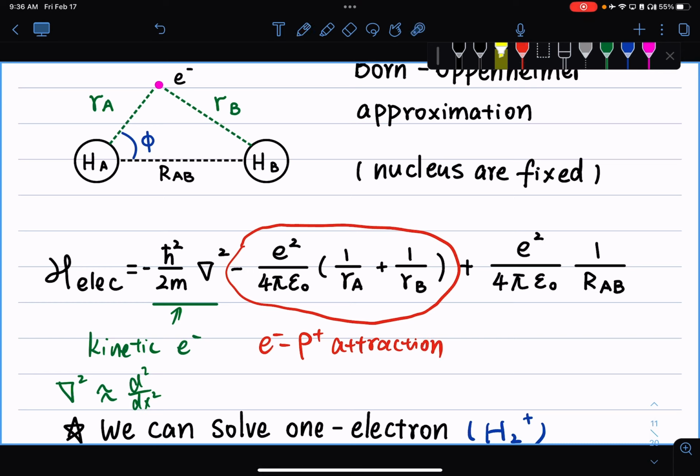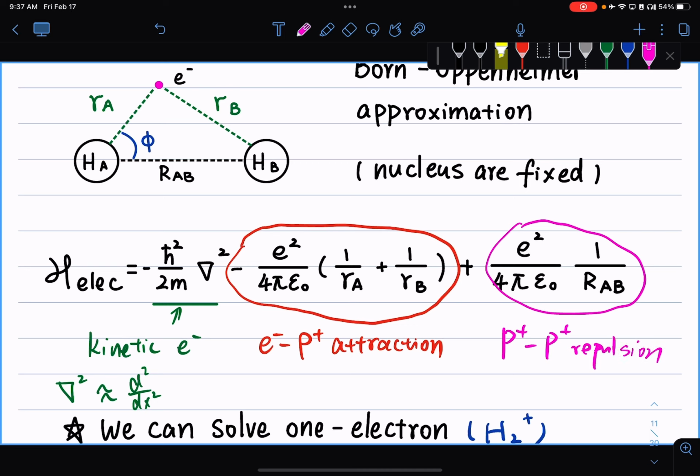All right, what we have here is just Q1, Q2 over 4 pi epsilon naught. And at the end, we have our proton-proton repulsion term. And the reason it is proton-proton repulsion is because we're using the bigger R here.